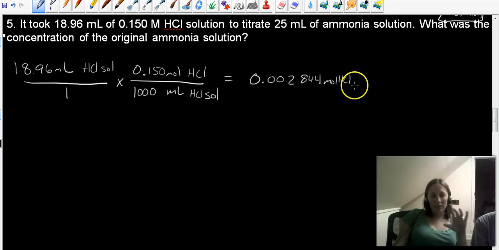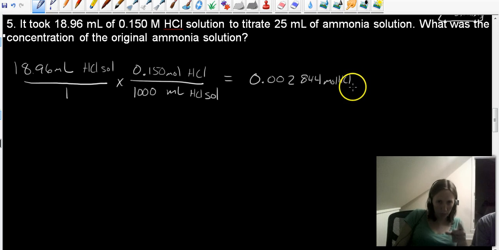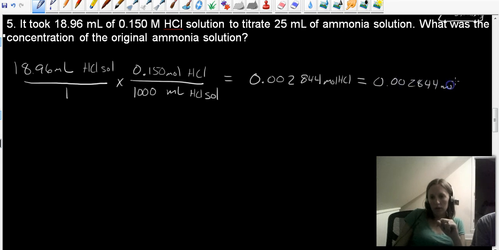In order to titrate an acid with a base, these are all one. This is a monoprotic acid again, so you don't need to worry about doubling anything. That many moles of HCl is going to be that many moles of ammonia that you neutralized. And then what was the concentration of the original ammonia solution?